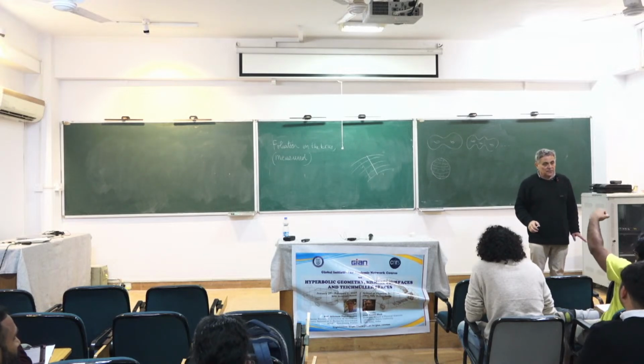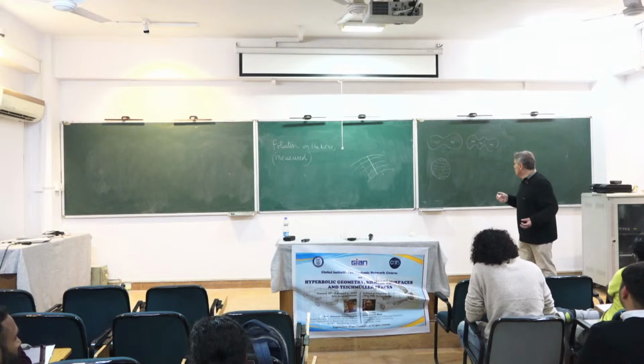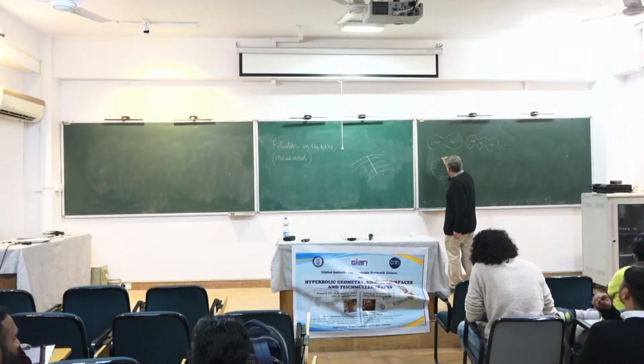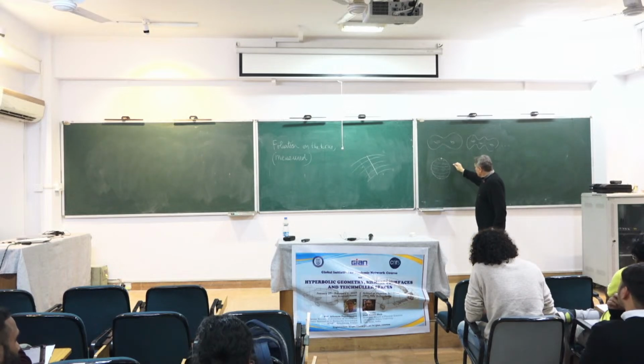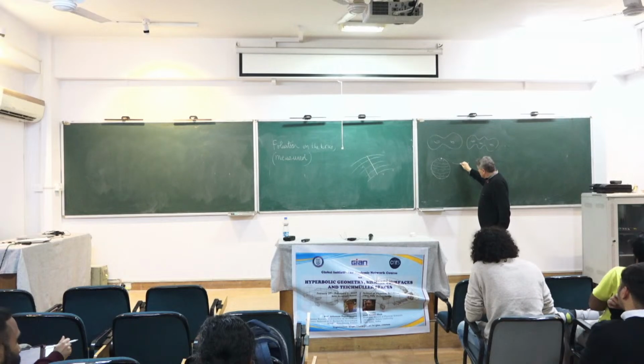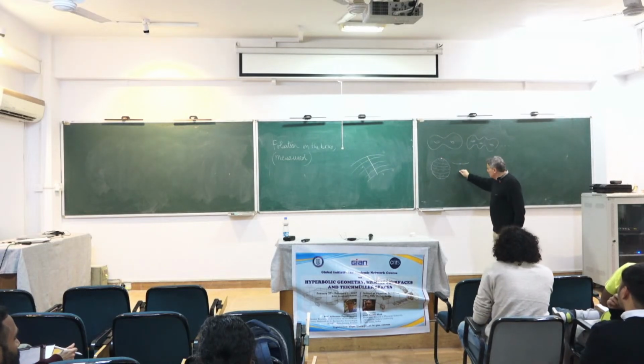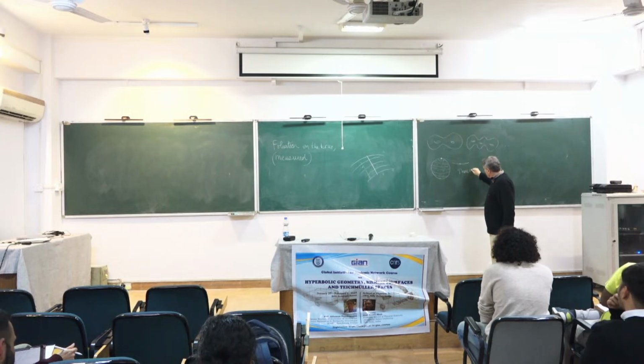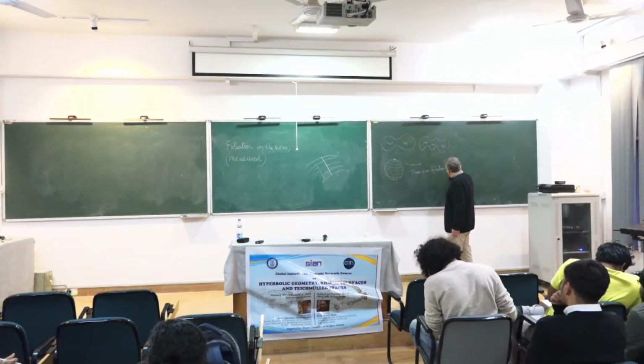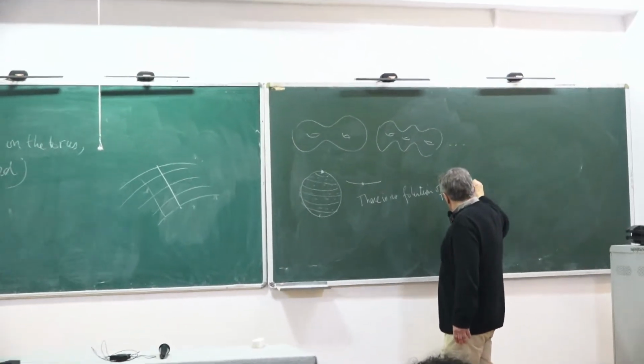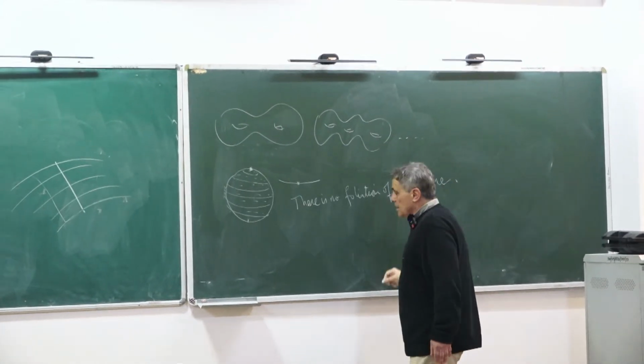There's no foliation on the sphere because I have here these two points which are different from all the others, because from all other points I have a leaf of the foliation which passes through that point, and here I have none. So in fact this is a theorem. There is no foliation of the sphere.